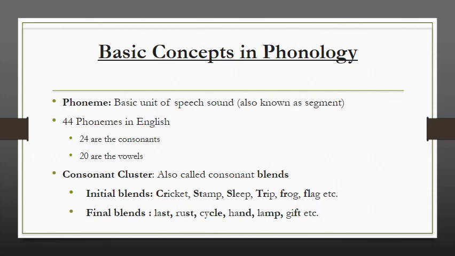It is also known as a segment or a sound segment or a segment of speech sounds. We also know that there are a total number of 44 phonemes in English, out of which 24 are the consonants and 20 are vowels.